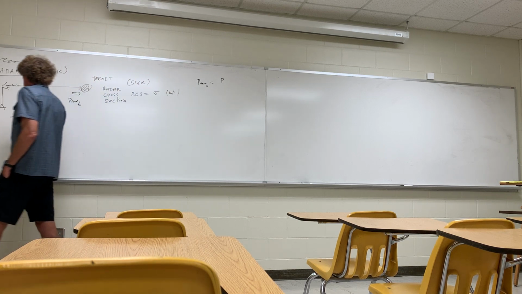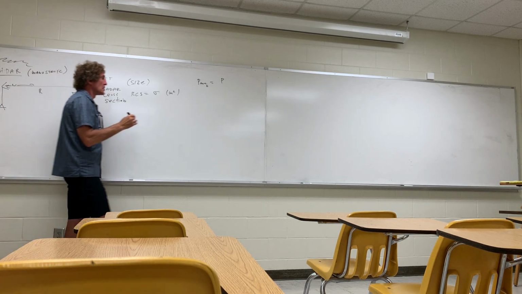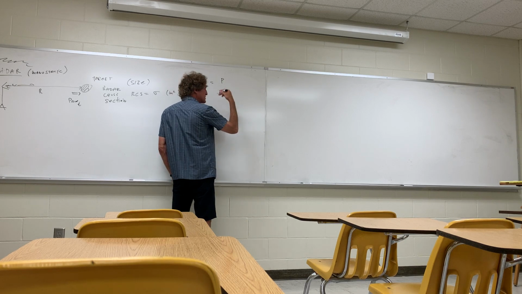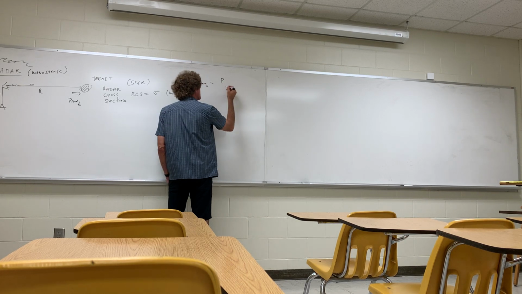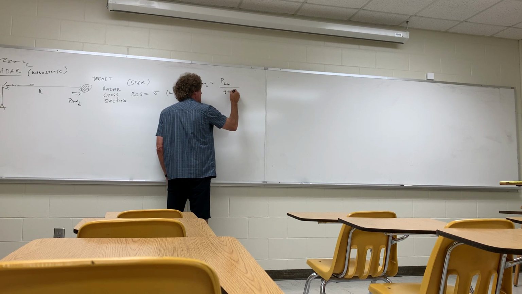There's going to be the total amount of P transmitted right there. Do you remember how this goes? I try to make sure that everybody thinks this way. It's transmitted power divided by 4 pi r squared.